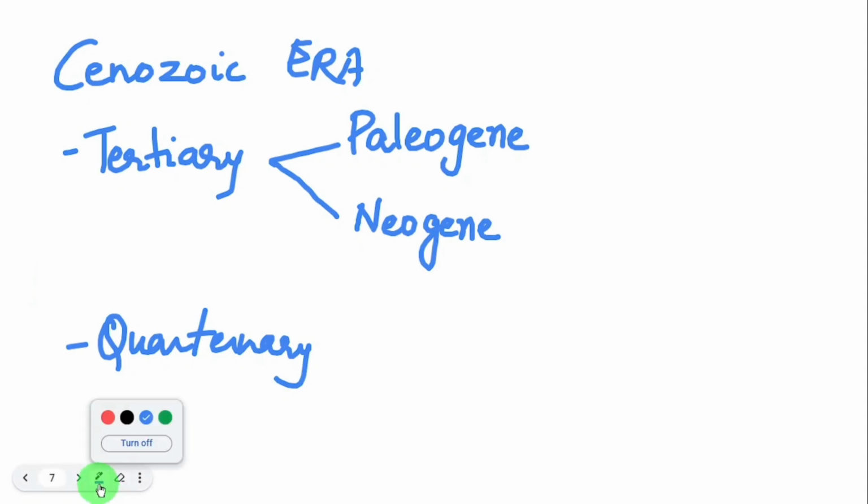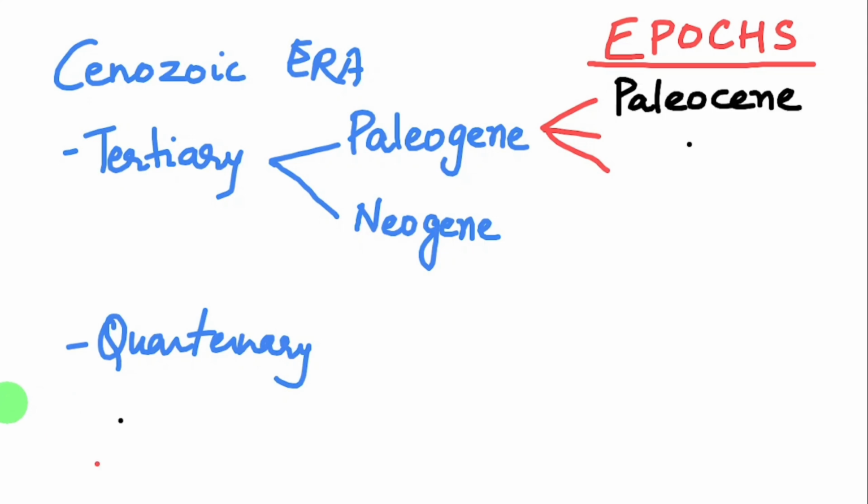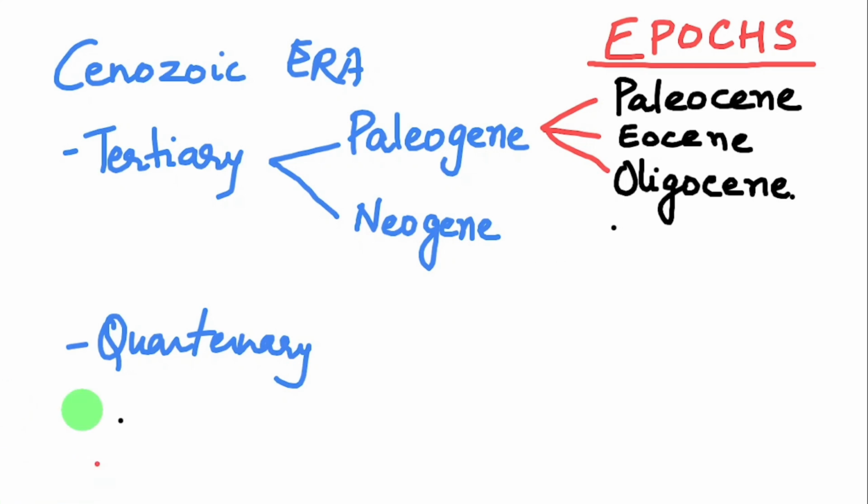Now this Paleogene is then divided into epochs: Paleocene, then the next one is Eocene, and the third one is Oligocene. Neogene is divided into Miocene, and this one will be Pliocene.